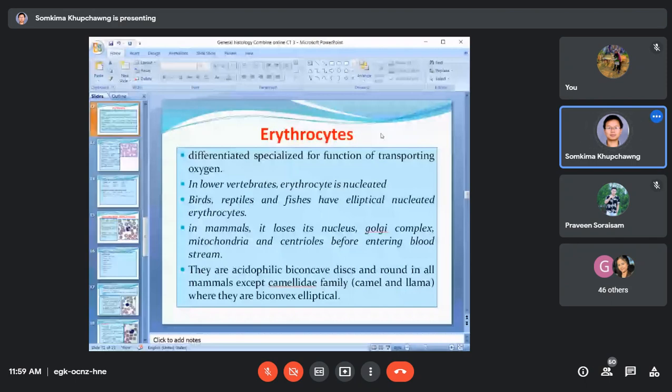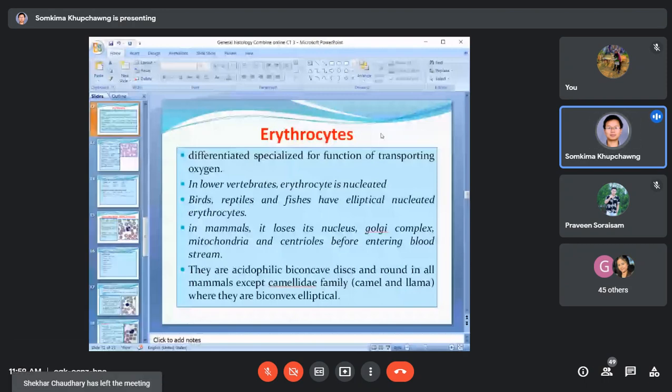In mammals, domestic animals, the nucleus of the RBC is absent. And regarding the shape, in birds, reptiles, and fish, the shape of the RBC is elliptical. But in the case of mammals, we can say round.